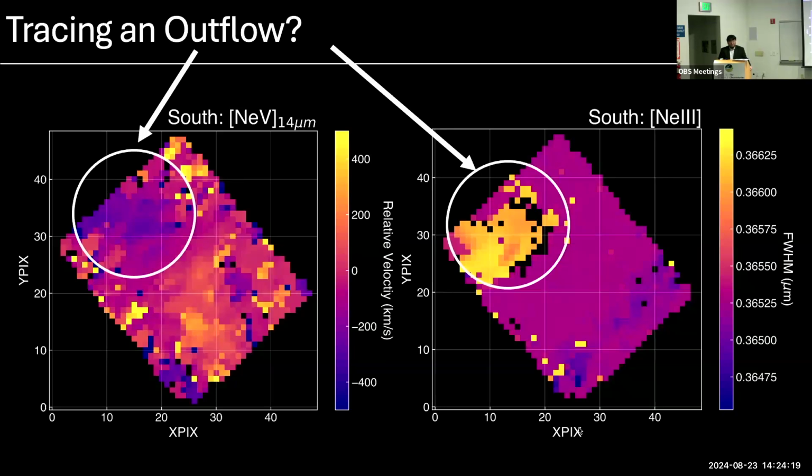And so trying to identify which one of those lines has it perhaps most prominently featured is one way of going about it. We also want to generate moment maps for each of these blue shifted and red shifted components. And then depending on how sharp or how broad the feature is, those are the types of things that we would use to try to characterize the outflow.